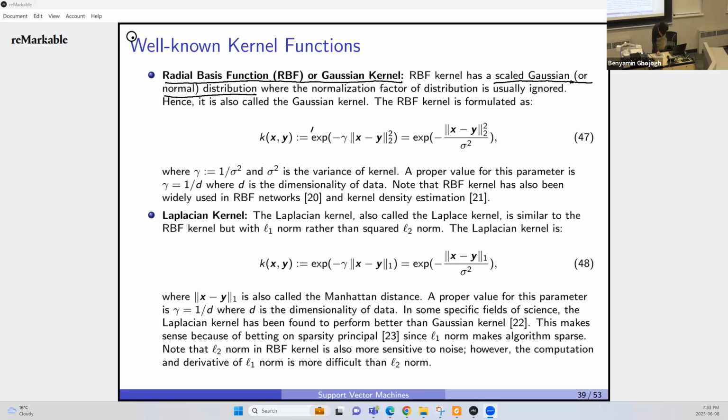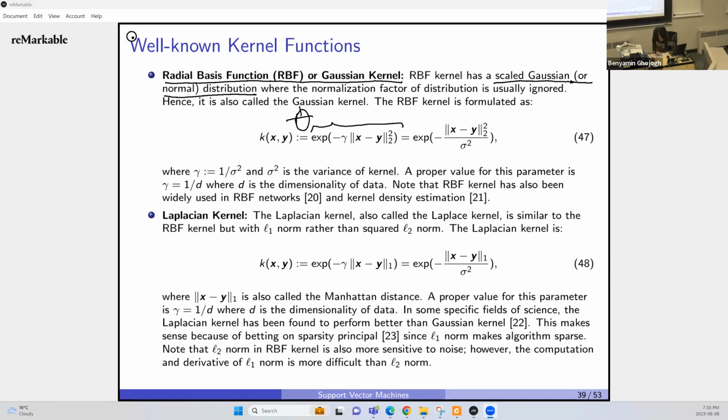It is exactly what we have, this exponential in the Gaussian distribution, but usually before that there is 1 over some scale, right? Why do they have that scale in the Gaussian distribution? Because they wanted it to integrate to 1, or sum to 1. If you ignore that, it doesn't necessarily sum to 1, but you don't care, because you want to just have the behavior of the Gaussian distribution. So they use the RBF kernel in this way.